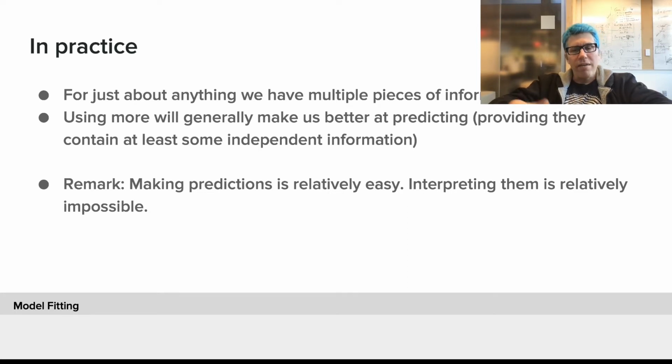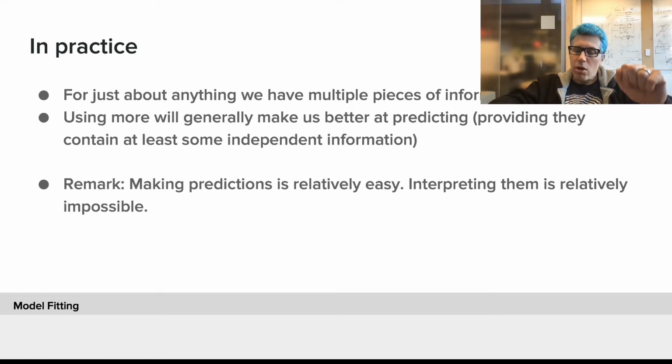But usually different pieces of information provide distinct information. For example, if I want to estimate how someone will do in class, we mentioned earlier, you can ask what the predictors are. Maybe past grades, maybe age is a predictor. All kinds of factors can be predictive, and many of them will be weak predictors.